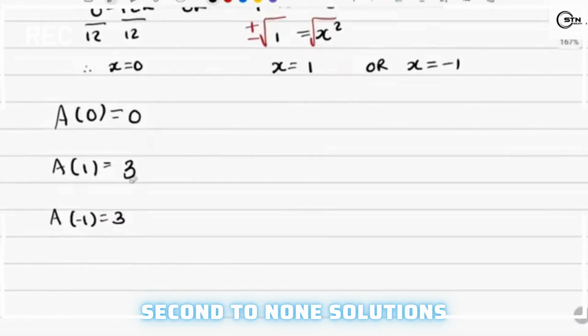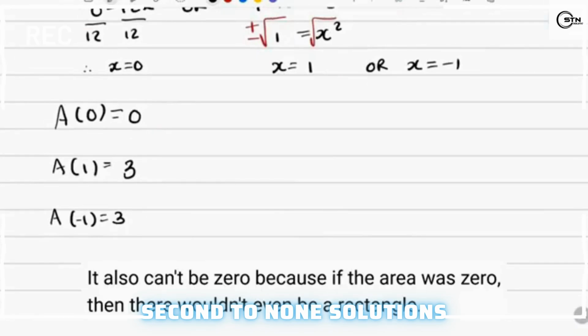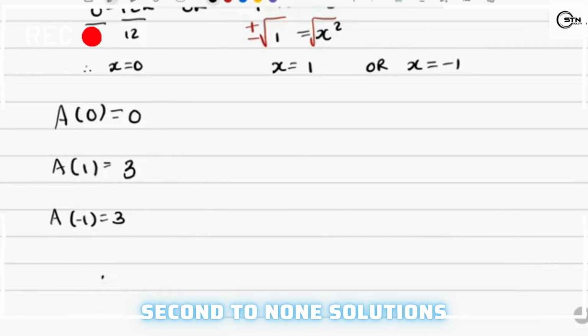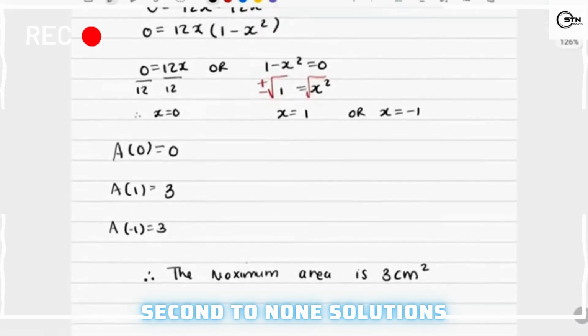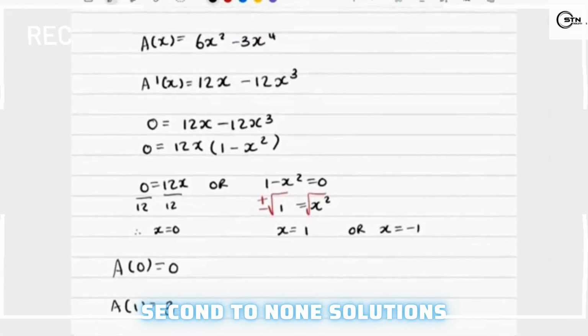So as you can see, the highest area that we can get from that shape would be the 3. So we can tell them that the maximum area is 3 centimeters squared, since they told us all of that was in centimeters. So that is the end of question 10, and that is it for calculus.